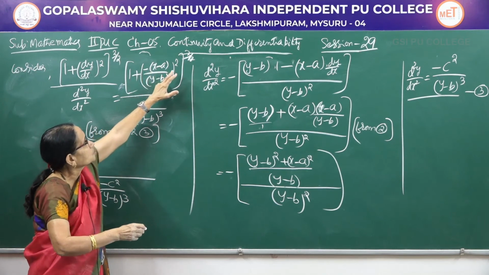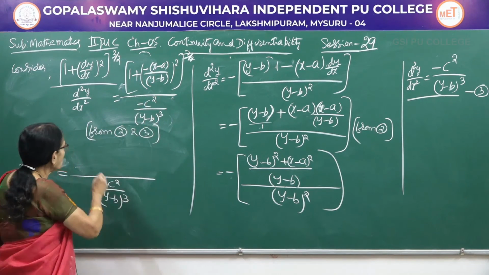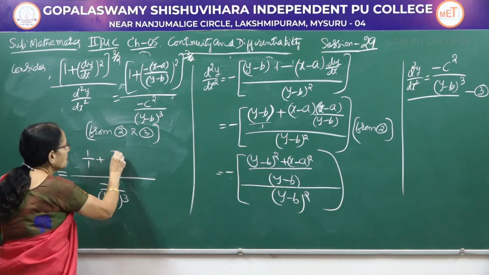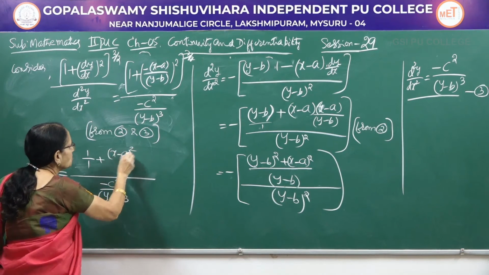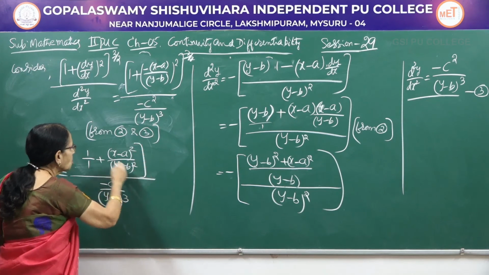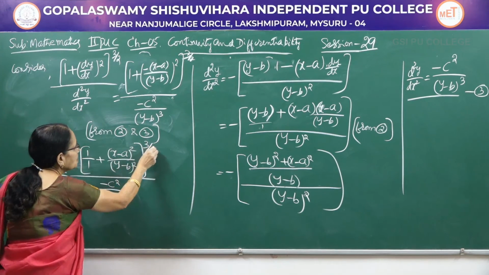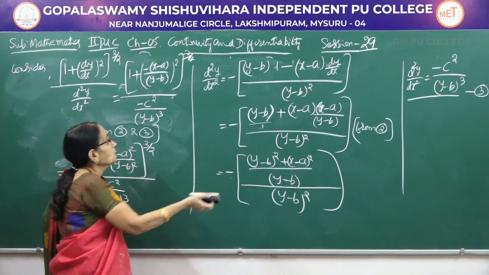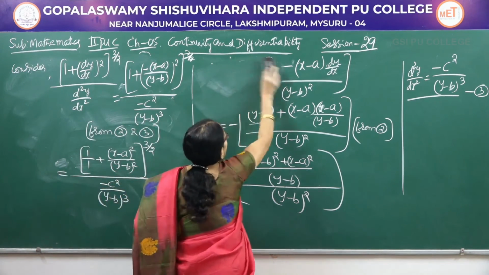Here minus square means it becomes plus. How do you write this? Write 1 as 1 plus (x minus a) the whole square over (y minus b) the whole square, whole thing taken to the power 3 by 2. That is given in the problem. You have to ultimately prove that it is a constant.